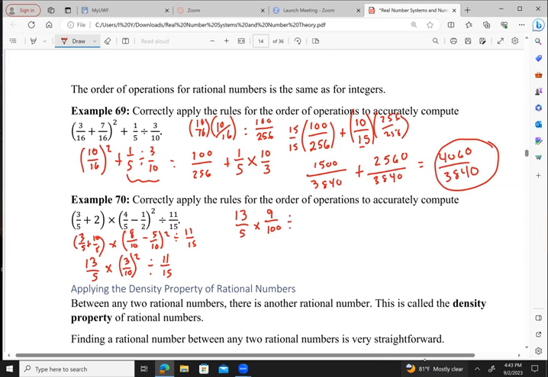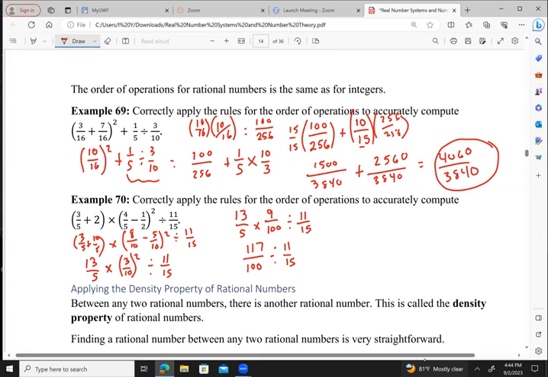Then again, I'm dividing by 11/15. Okay, now we do multiplication and division and they are on the same level. So we do them from left to right. So 13 times 9, 117 over 100. And again, there we are.